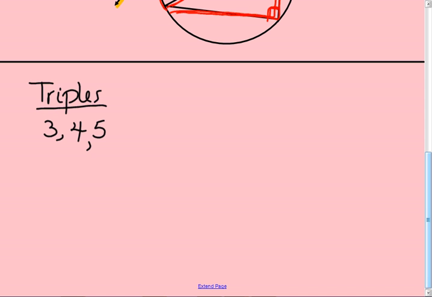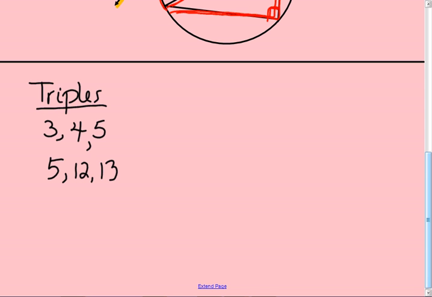Do you remember how to generate them? You square this and divide it in half. So if I take 5 and I square that, it's 25. What's half of 25? 12 and 13.